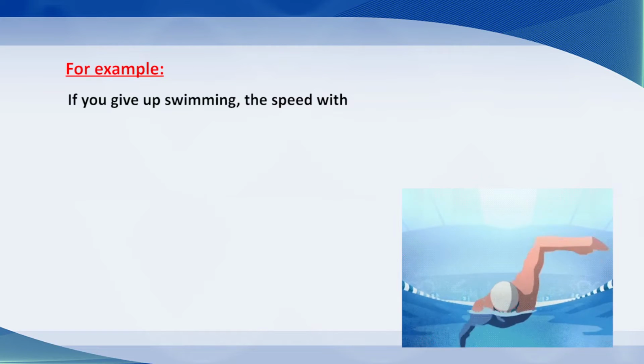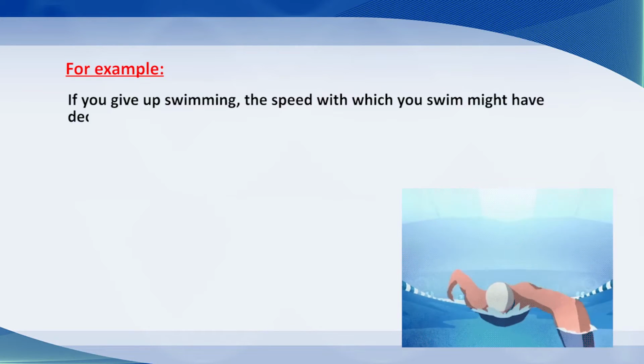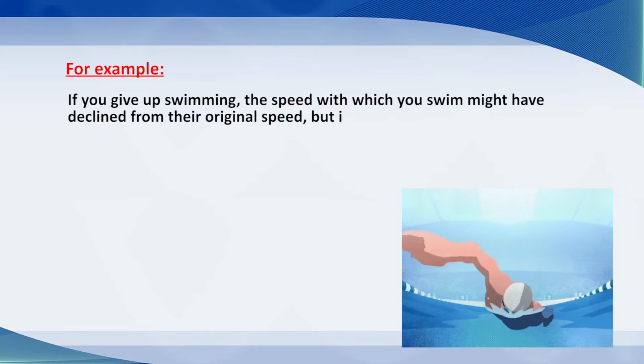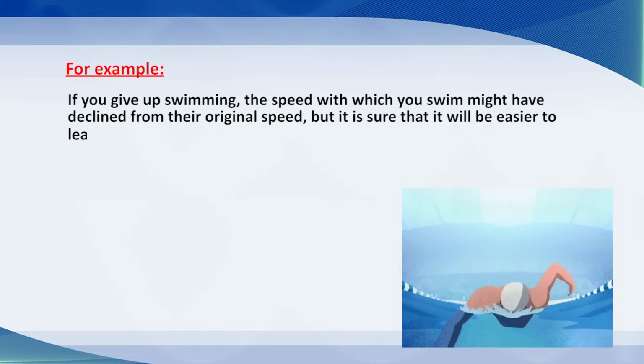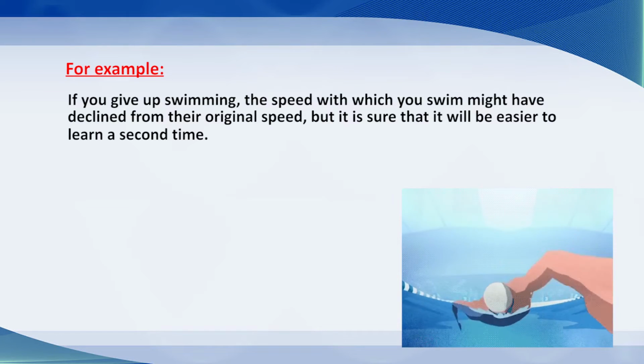After you have learned swimming and are confident in doing it, you will probably always be able to swim. However, you should realize those consistent changes may not be permanent changes. For example, if you give up swimming, the speed with which you swim might have declined from the original speed, but it is sure that it will be easier to learn a second time.